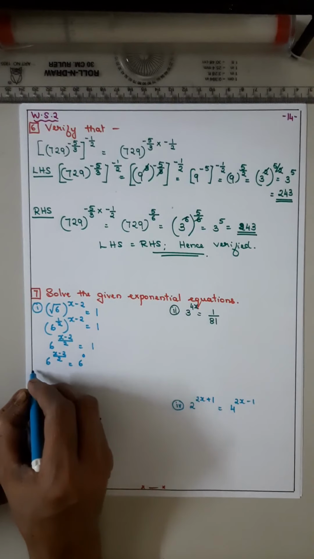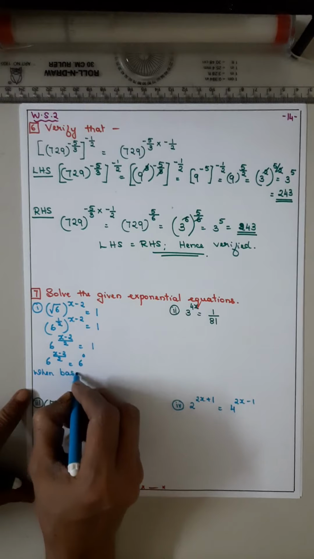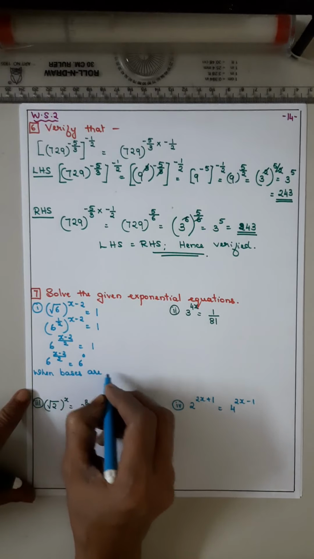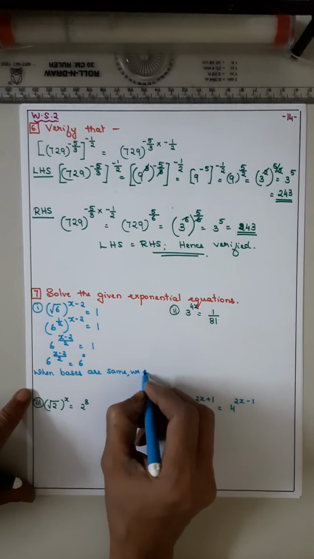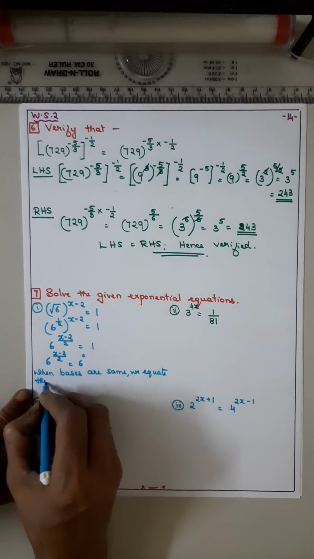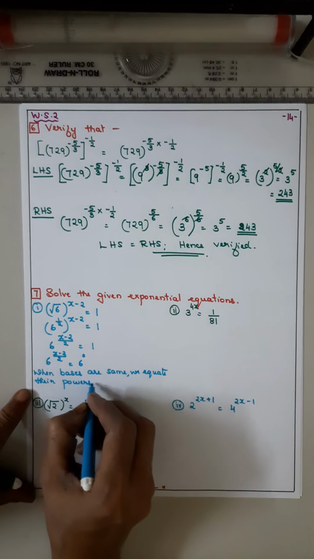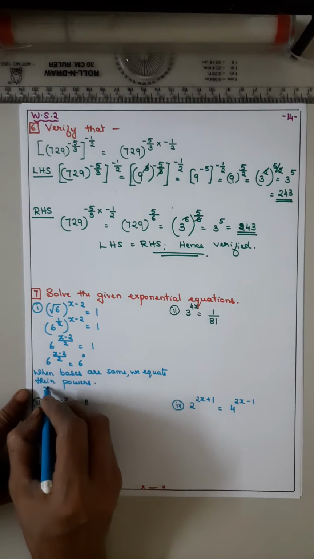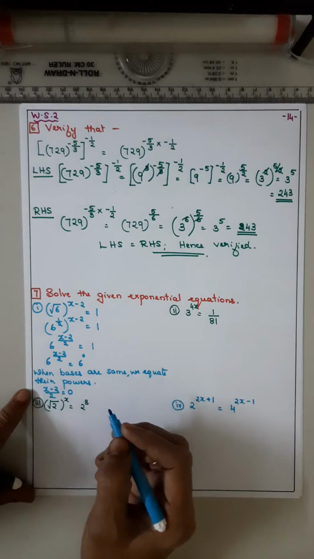Now we'll write what? When bases are same, we equate their powers. That means x minus 2 by 2 is equal to 0.